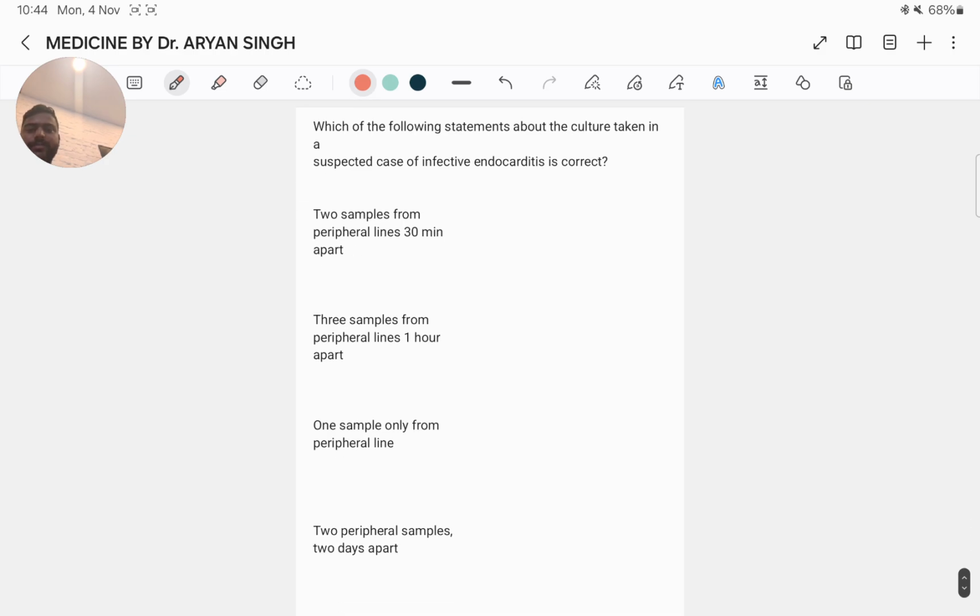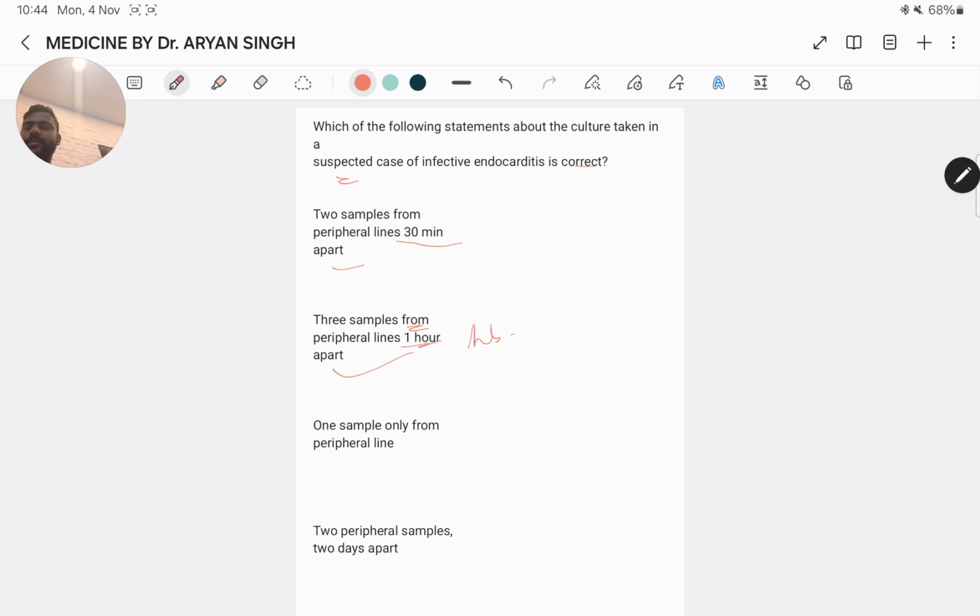Next question: which of the following statements about the culture taken in a suspected case of infective endocarditis is correct? 2 samples from peripheral lines 30 minutes apart, or 3 samples from peripheral lines 1 hour apart.